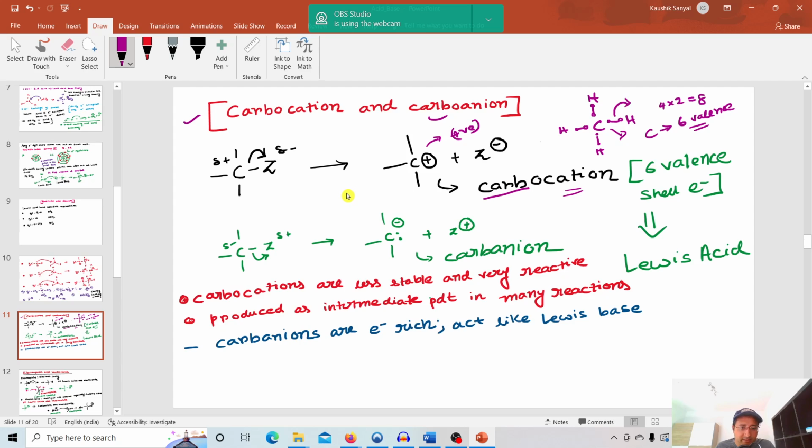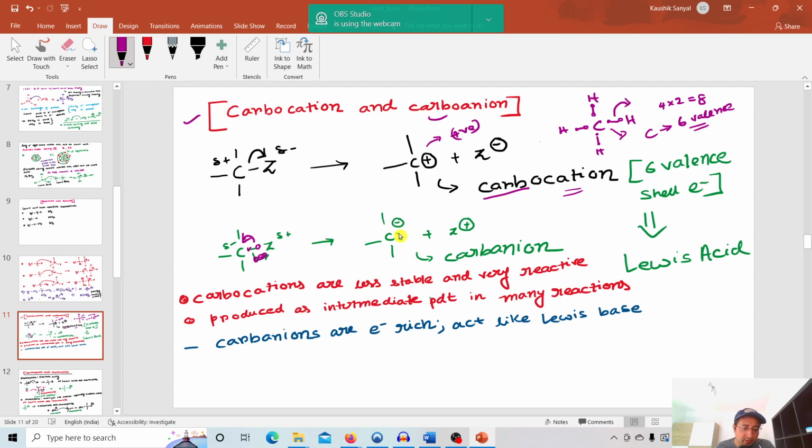Now what happens in the case of a carbanion? Instead of the group taking the bonding pair, it leaves the bonding pair of electrons to the carbon atom. This Z group, or any other group, gives away the 2 bonding electrons to the carbon atom, and now the carbon atom has excess electrons.